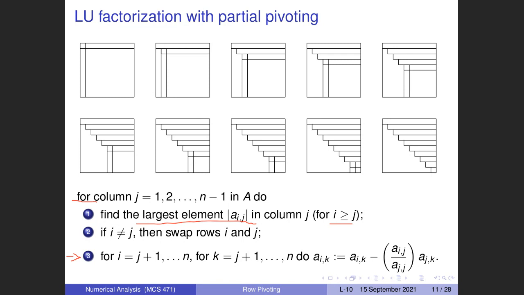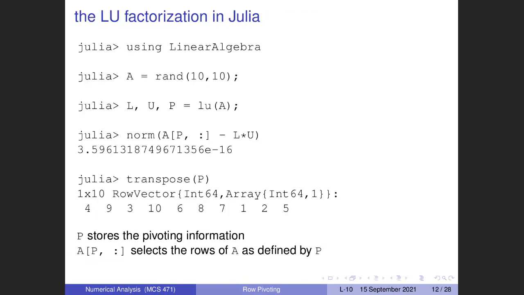Here we still have the double loops in step 3. So yes, this algorithm is more complicated, but its cost is not causing a higher order. The cost is still quadratic as opposed to the cubic cost in the dimension of the reduction.